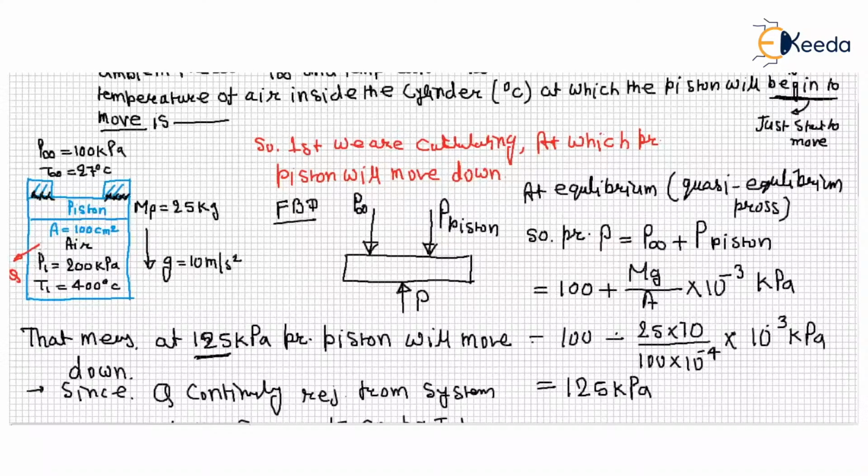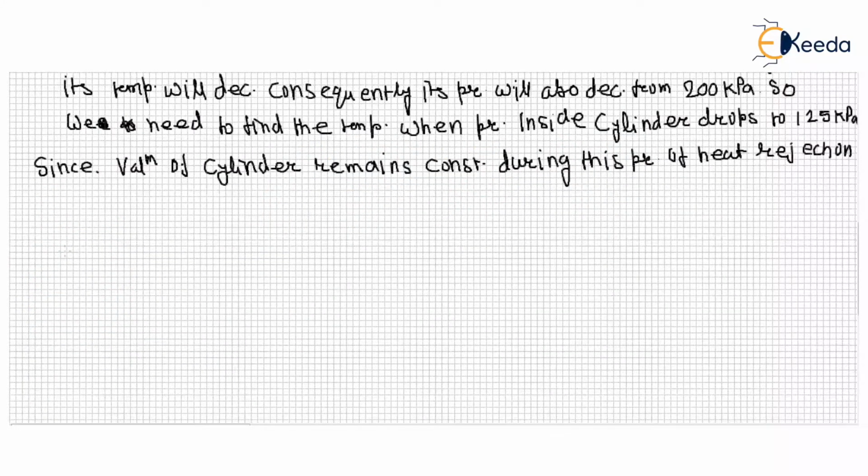So we want continuous heat to be rejected from the system to the surrounding; pressure will reduce, and the temperature also reduces. At what temperature is the contact lost? In this case, volume is constant. For air, P1 V1 by T1 is equal to P2 V2 by T2.